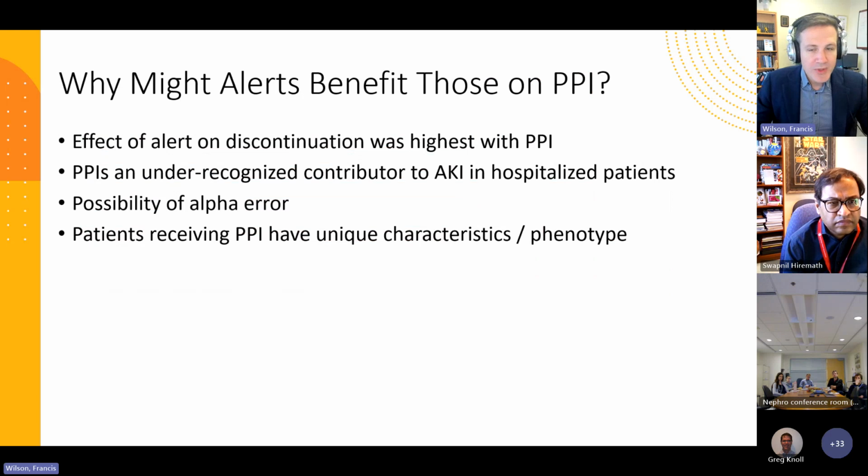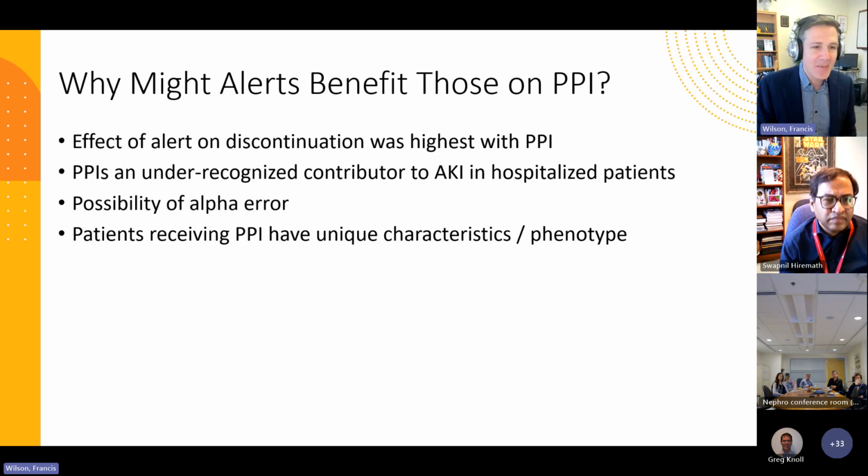I don't want to overinterpret the PPI finding here, but there's some reason to think this might be real. Of course, the alert effect was strongest amongst the PPI group, at least on the relative scale. As I said, the reason we even had the PPI group in this study at all was because we thought that it was an under-recognized contributor to AKI in hospitalized patients.